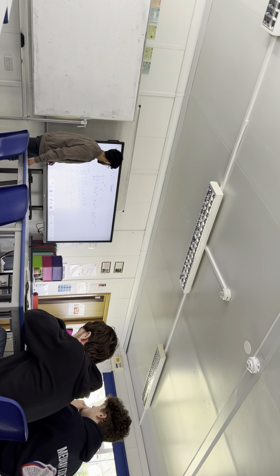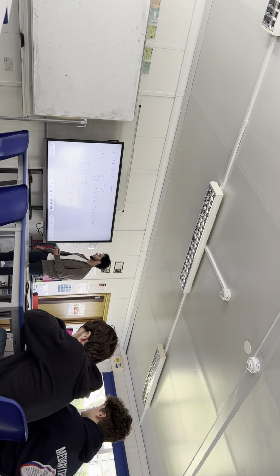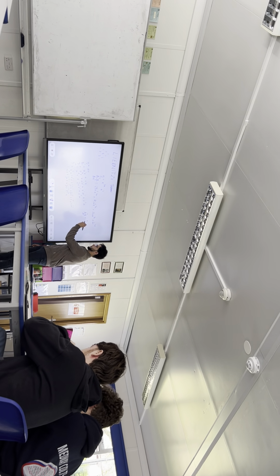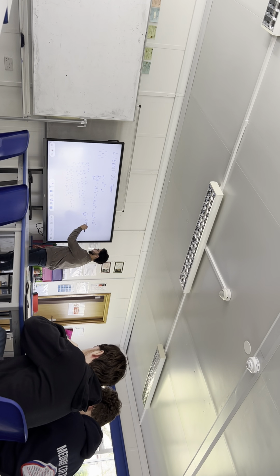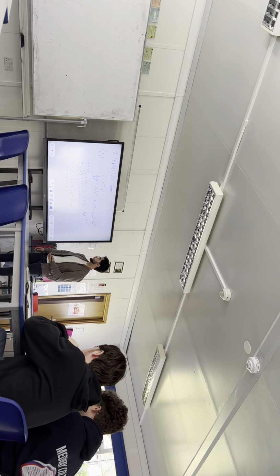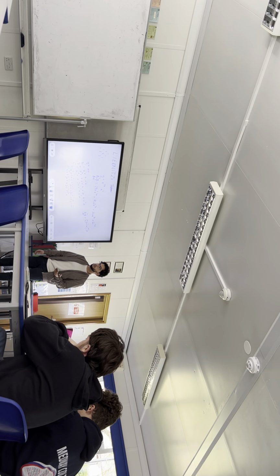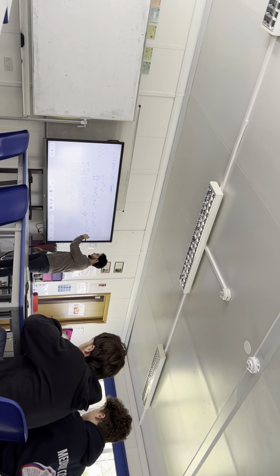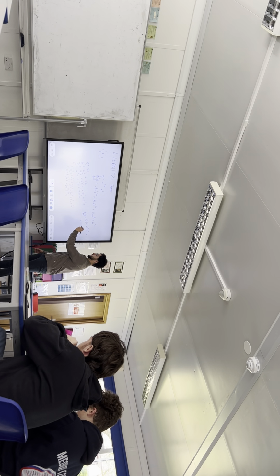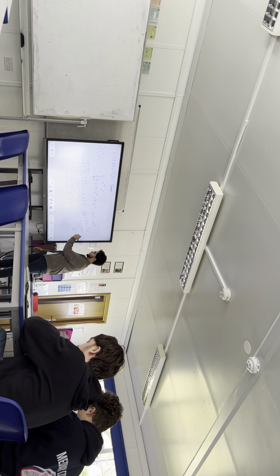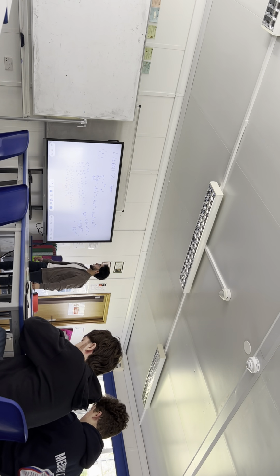So essentially, if we have y as u times v, then the nth derivative is equal to n choose 0 times the nth derivative of u times v, plus n choose 1, which is just n, times the (n minus 1)th derivative of u times the first derivative of v, plus n choose 2 times the (n minus 2)th derivative of u times the second derivative of v, and so on, plus n choose n, which is 1, u times the nth derivative of v. So that's the formula there.